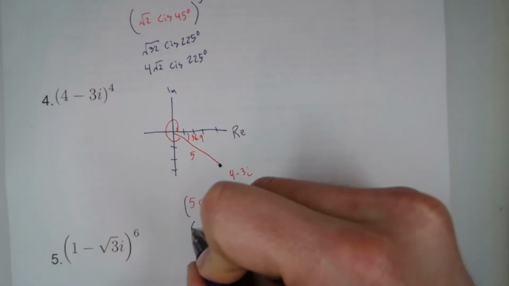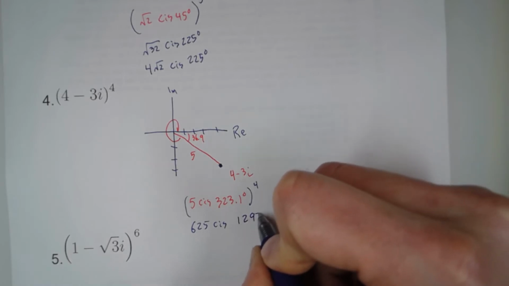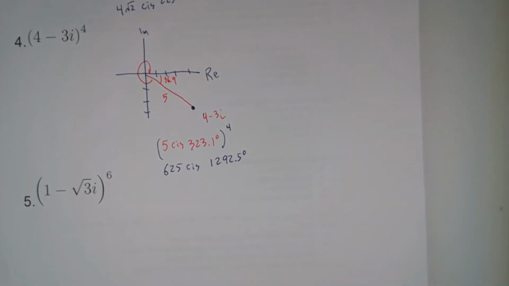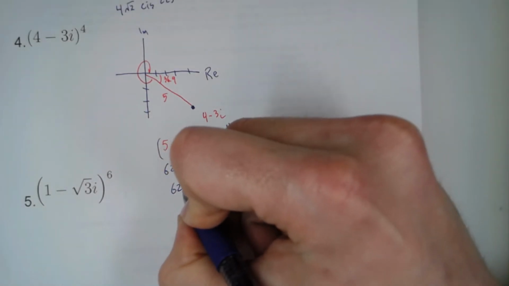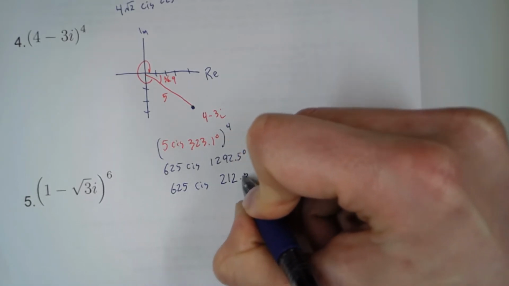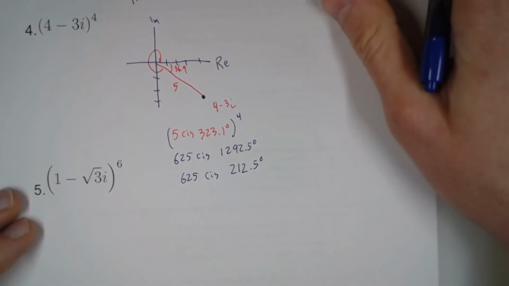And when we do, we get 625 CIS 1292.5 degrees. Now that angle is too big, so I'm going to subtract 360, and I'm going to have to probably subtract more than once in order to get my angle between 0 and 360. Now again, that'll depend on your teacher and your textbook. So we get 625 CIS 212.5.